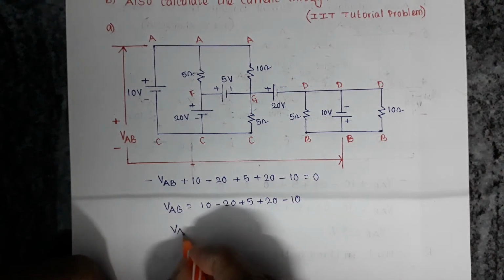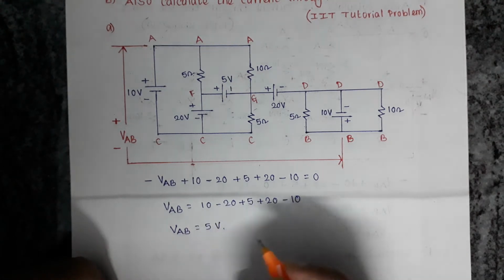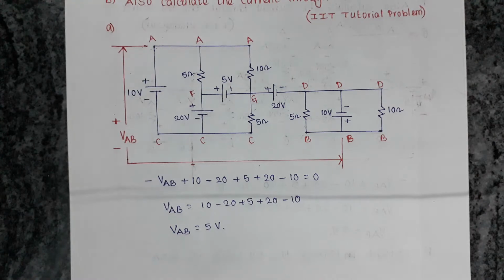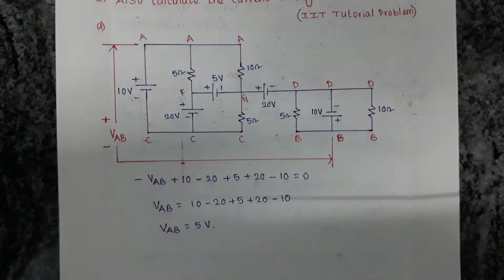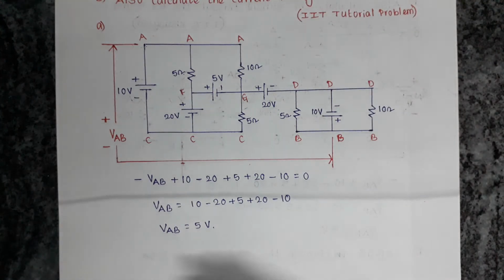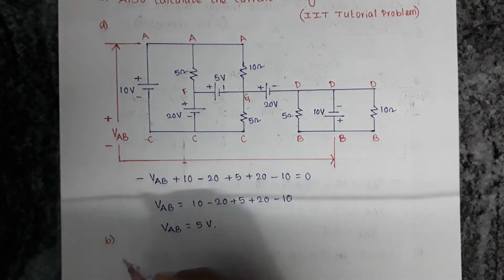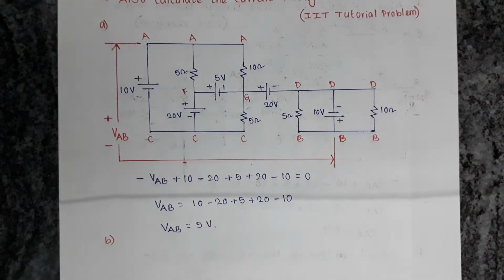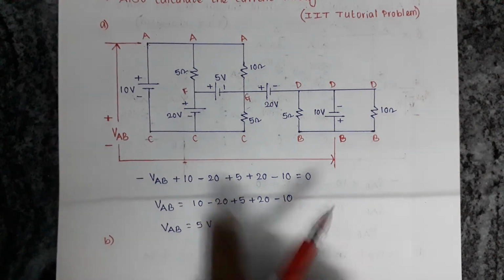So VAB is equal to 5 volts. It is as simple as that. It looks very difficult, but it is a very easy problem. Similarly, now let us try to solve for the B question.